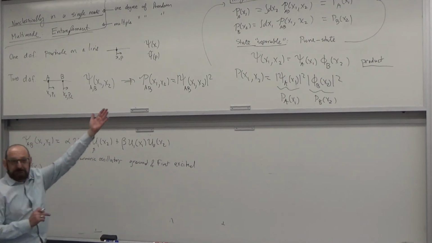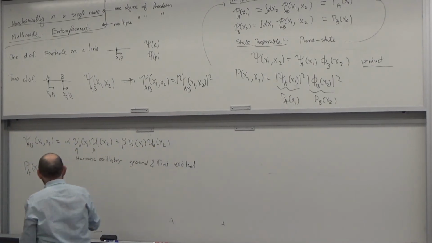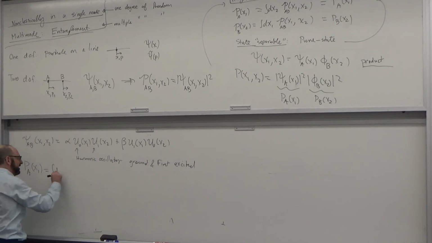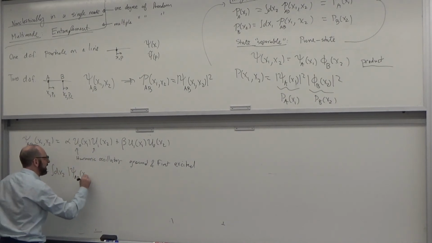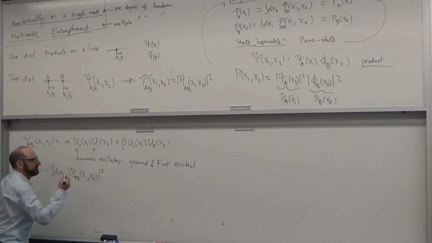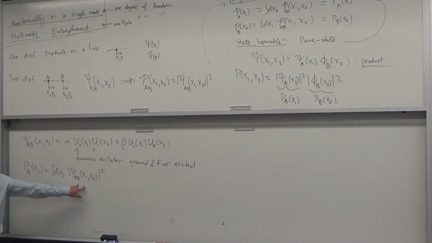Well, we make the square of the wave function, and we marginalize it. That's the joint probability distribution. And if we marginalize it over 2, we average over all the 2's, we get this. So what is that?